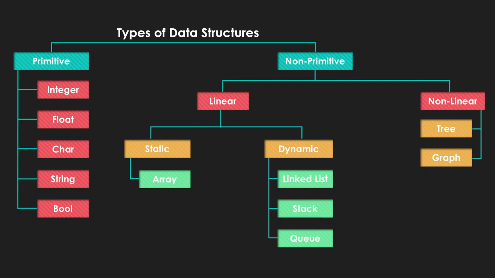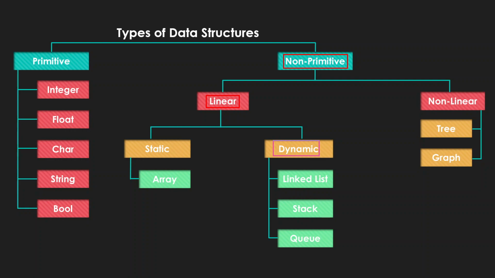Just as a reminder, the linked list falls under non-primitive data structures, meaning they are user defined. It is a linear data structure, meaning that you access elements sequentially from one element to another, and it's dynamic.